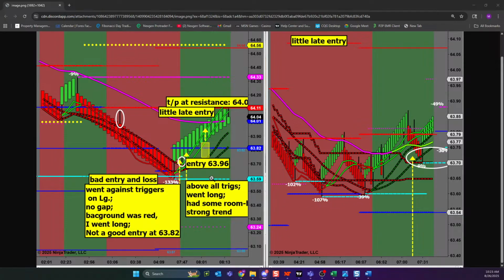So where did you go long? Right here? That's your first long? Confused. Where did you go long the first time? Went against triggers on long, no gap. Background is red. I went long, not a good entry at 63.82.